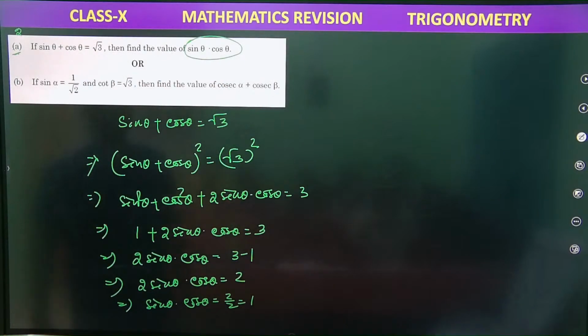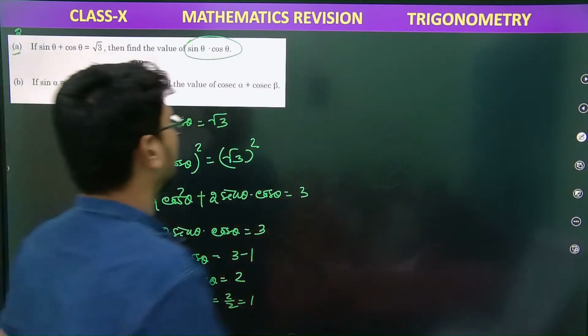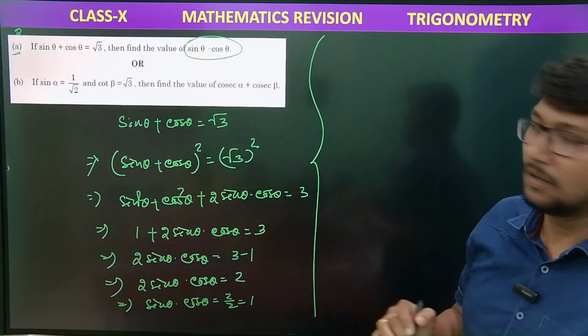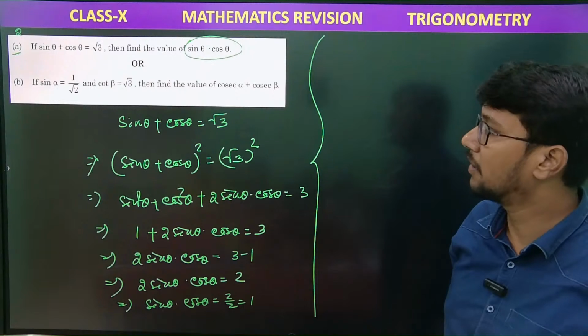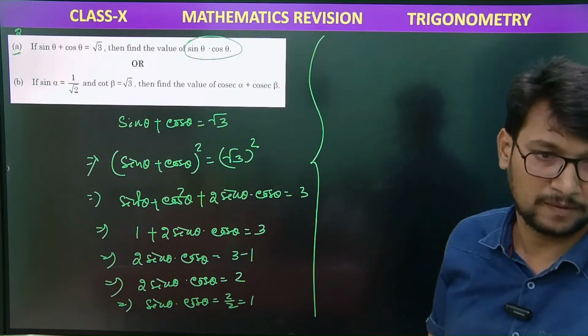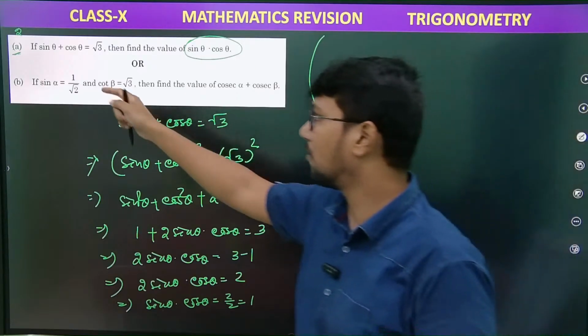Next, second question. This is 2A, 2B, solve. Who can solve? Very good. Here, find the values of alpha and beta. Right now we have found 1 by root 2.